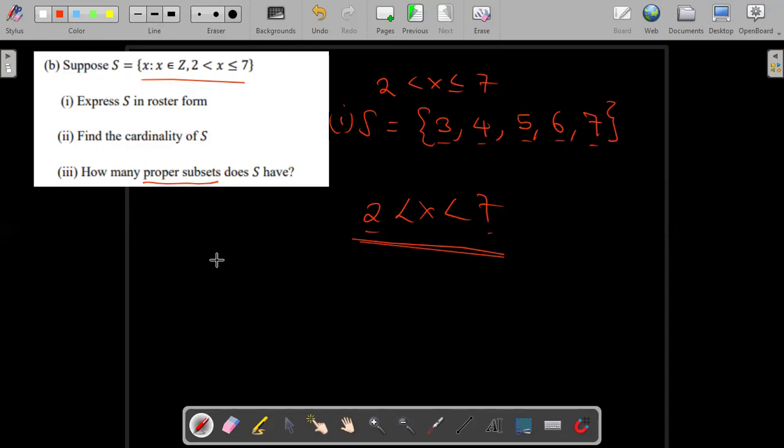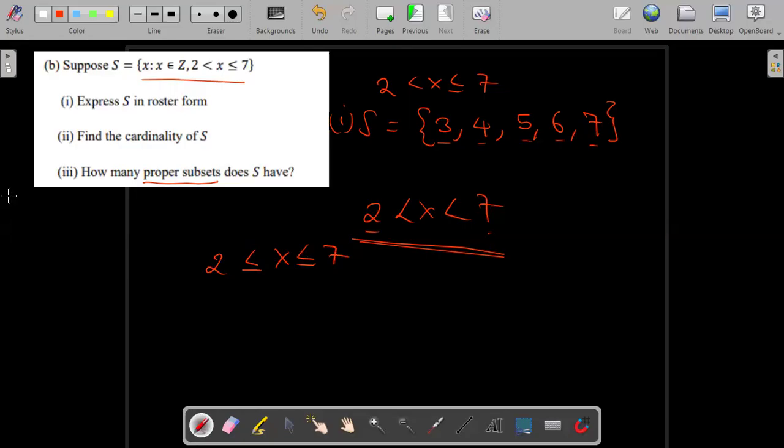But when we have an equal to, let's say equal to at 2 and also equal to at 7, meaning 2 and 7 should be part of that listing. It can be in between, including the boundaries, which are 2 and 7.